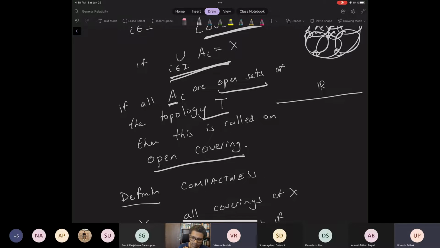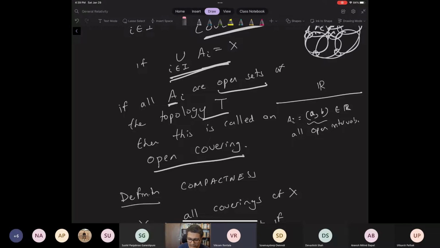A comma B open interval, where A and B belong to the real numbers. Yeah, for example, I could take all open intervals and take these to be the A_i. This is not everything in T, because T also contains the unions of these, but all of these A_i together cover the real line.